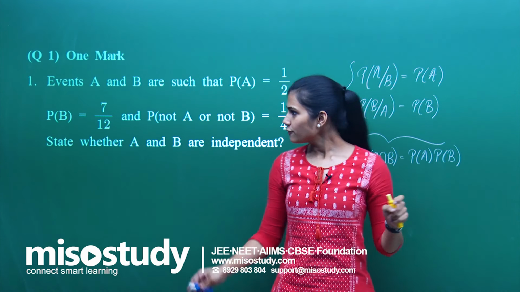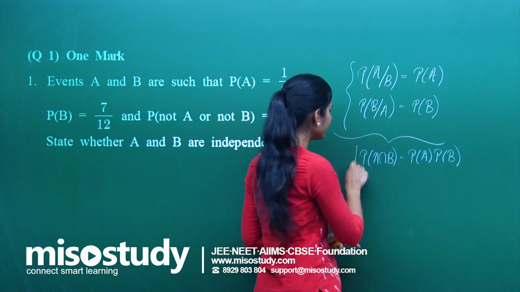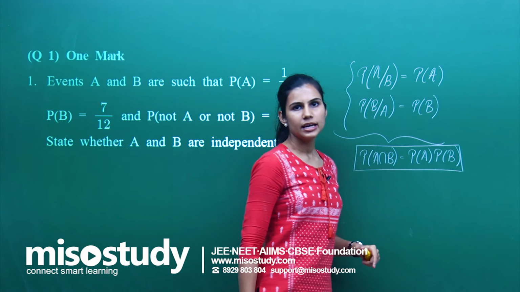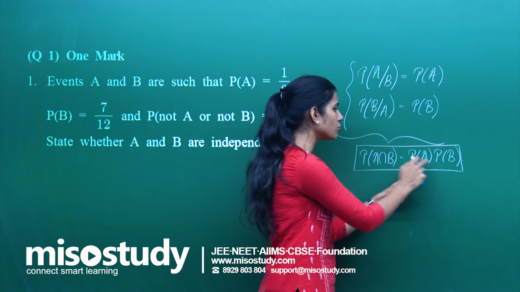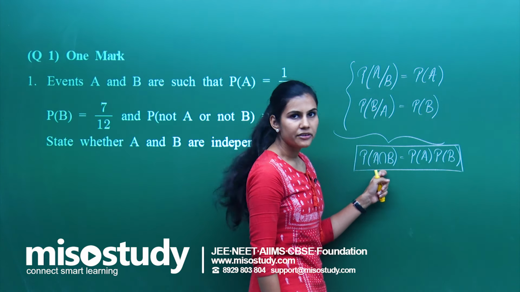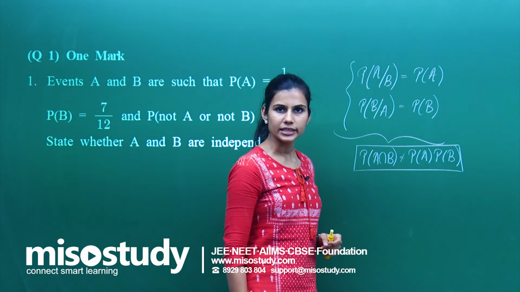That means if I have to show that A and B are independent, I have to come to the conclusion that whatever is the probability of their intersection, that is equal to the product of their individual probabilities. If these 2 come out to be equal, A and B are independent, and if they happen to be unequal, I say that A and B are not independent.